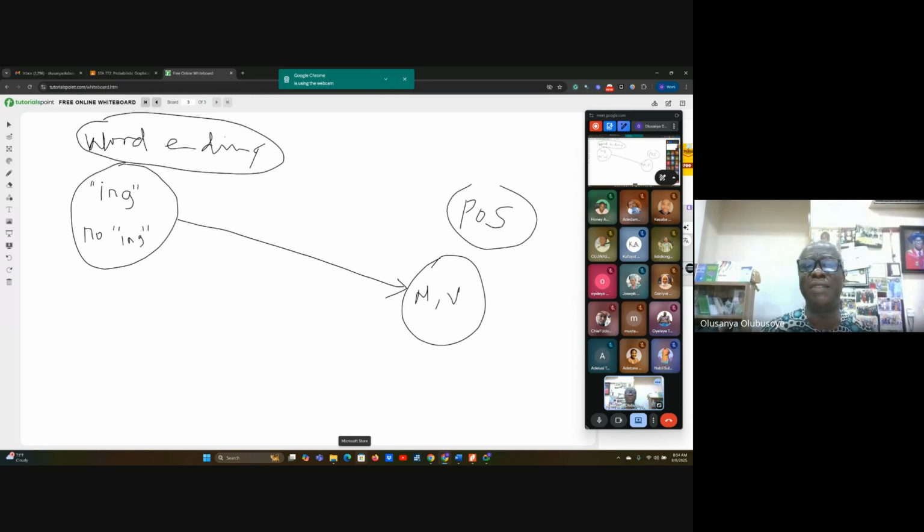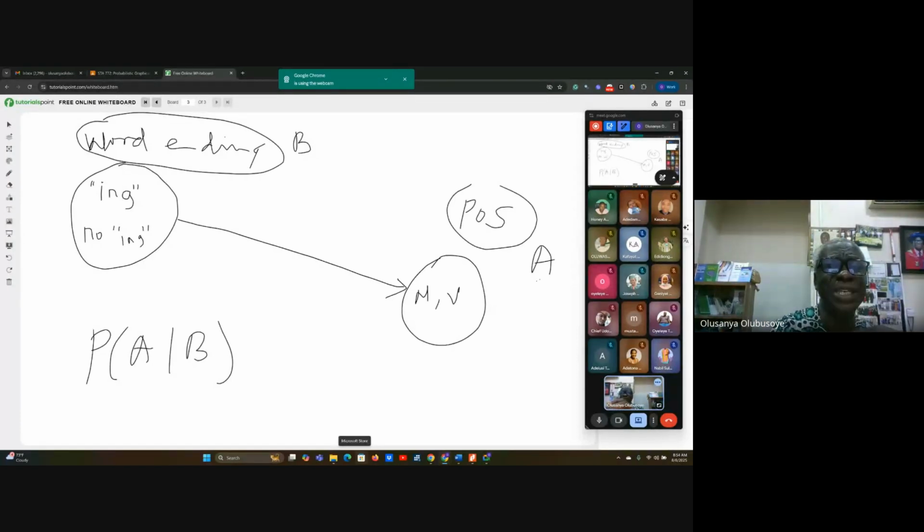So if I call the POS A and I call this one B, then I'm looking at the probability of A given B. That is, what happens to A is conditioned on what happens to B. It implies that you have observed B before, you know what B is.